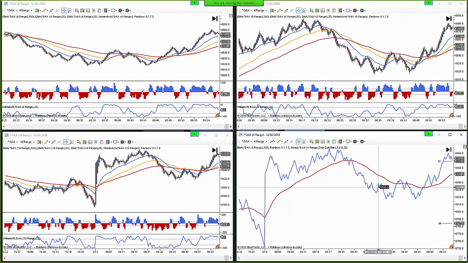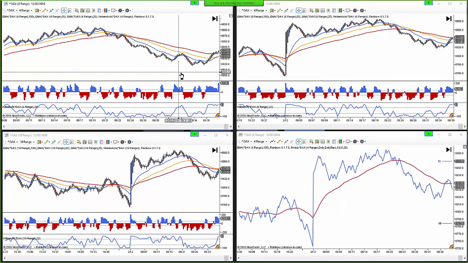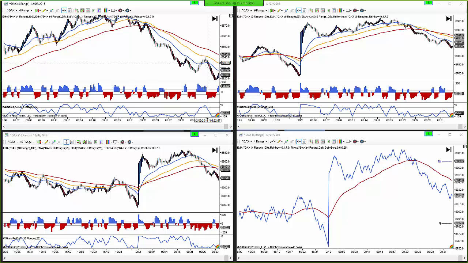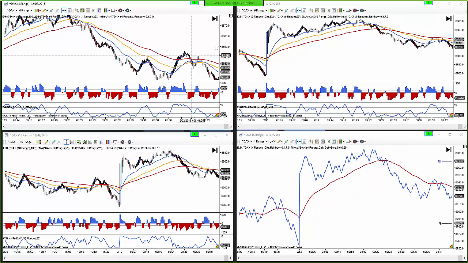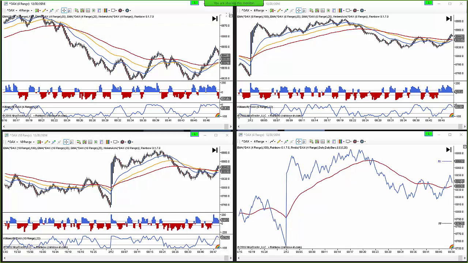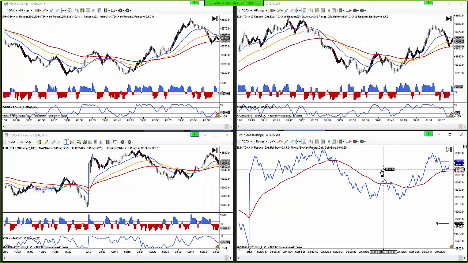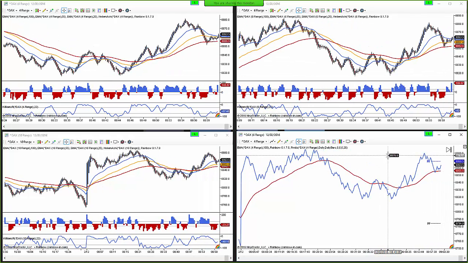And then we had the pullback here, which gave us a sniper trade. If you take a look at that there. So a nice pullback, followed by an entry in the direction of the trend, so we got involved in that right there. And then since then, the market hasn't done much. There was an opportunity for a breakdown here to get in short. We didn't take that. I was talking at the time. And then the market's rolled on upwards. And we're waiting to get a clue as to which way it wants to go next.